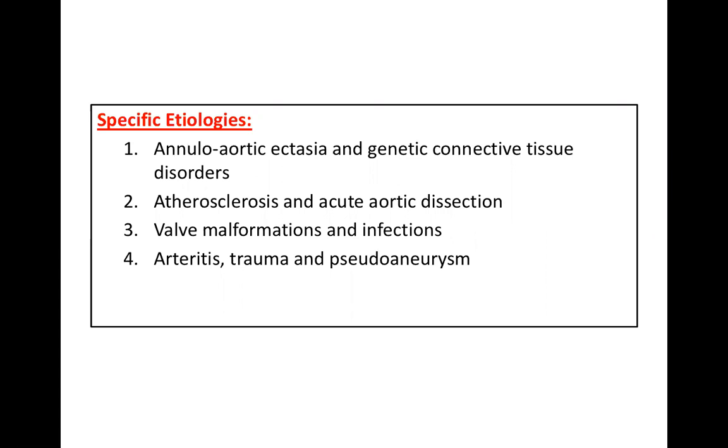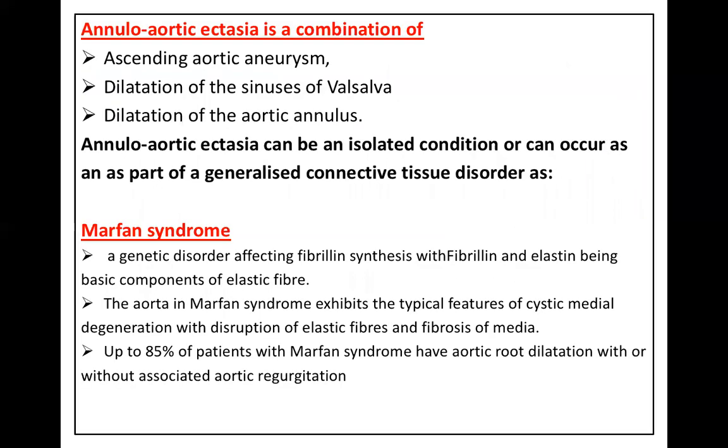The first one is annulo-aortic ectasia and genetic connective tissue disease, atherosclerosis and dissection, valve malformation and infection, arteritis, trauma, and pseudoaneurysm. The first one is composed of ascending aortic aneurysm with dilatation of the Valsalva sinuses and the aortic annulus.